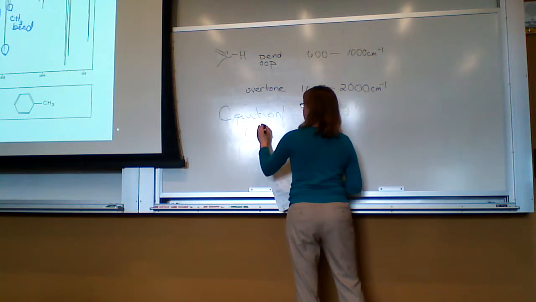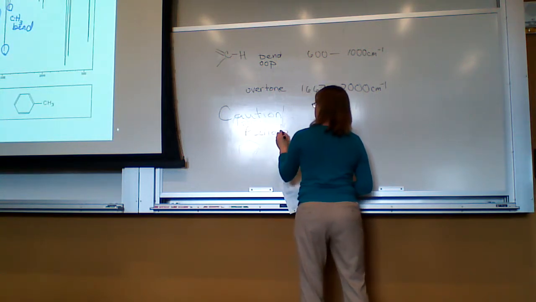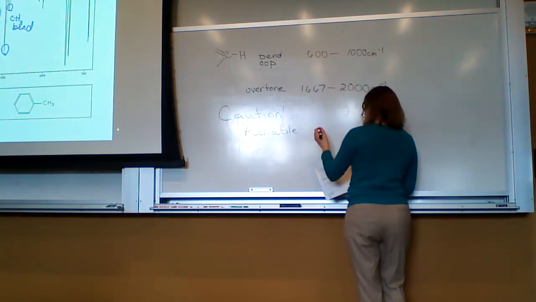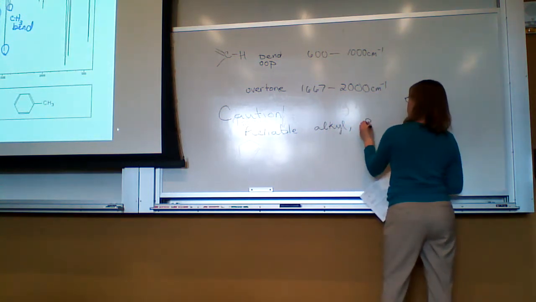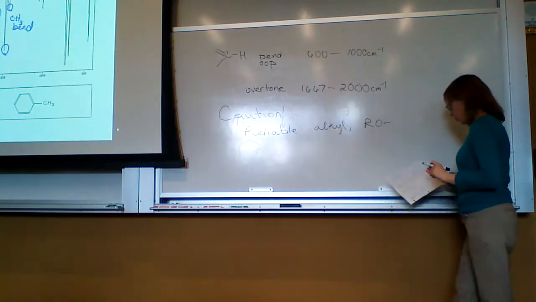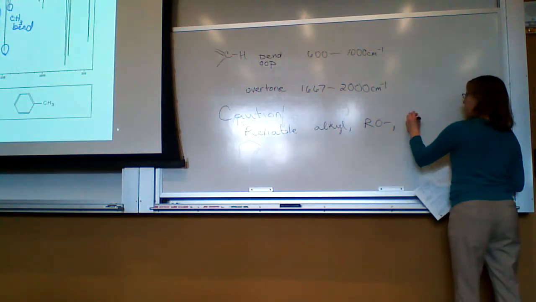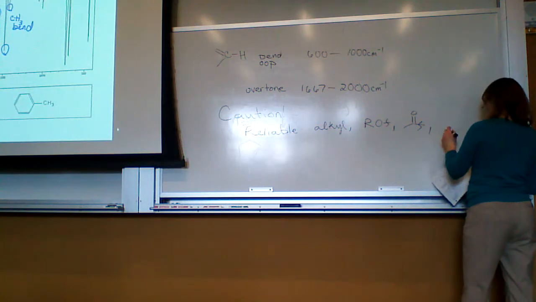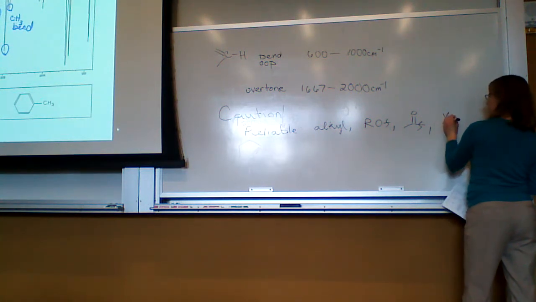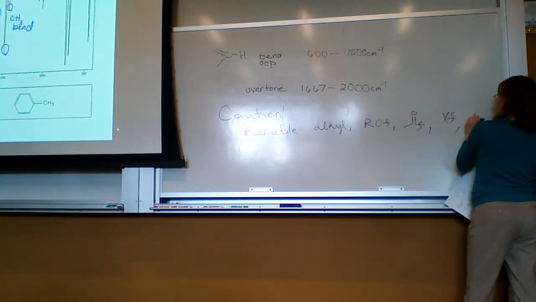So within the reliable category, we have alkyl, alkoxy, so if you have an RO group on there, an acyl, so a ketone attached to the ring, halo, so some type of halogen, or amino.